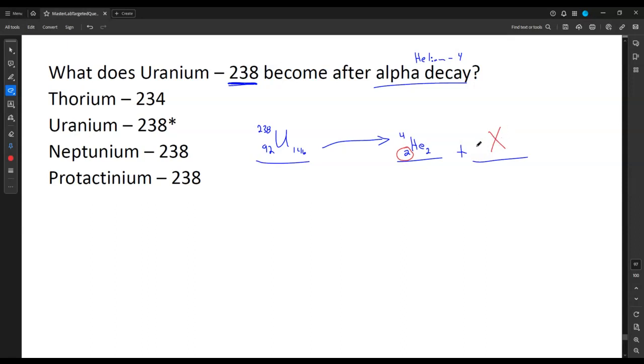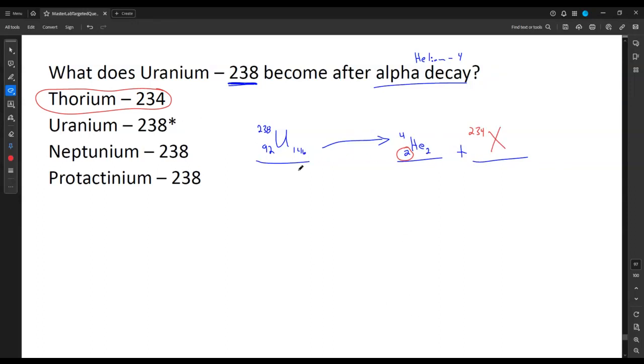Okay, so let's look. Across the top, we had 238 total nucleons. 4 of them are ejected with the alpha particle. So whatever this thing is, it has 234 nucleons left, which I guess technically gives our answer away, but let's work it through and see if we can confirm the rest of that.